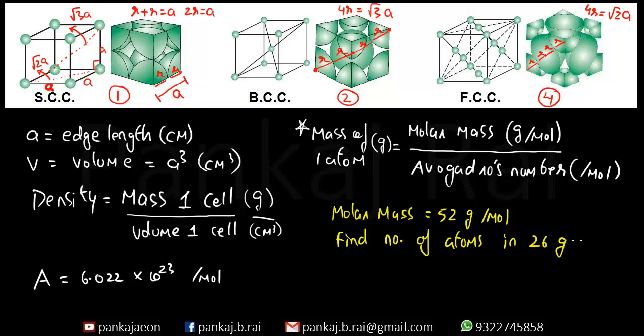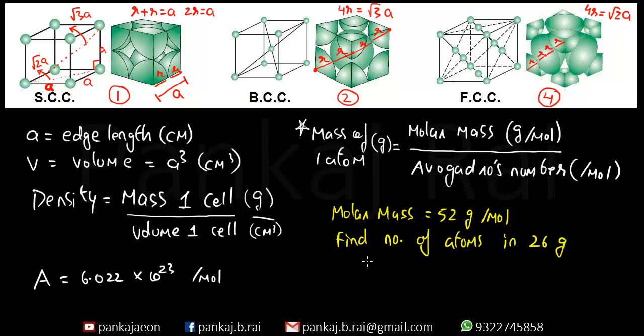See, it is very simple. If the molar mass is 52 grams, that means in 52 grams there are Avogadro's number of atoms. So in 26 grams there would be how many atoms? Let's say there are X atoms in 26 grams.